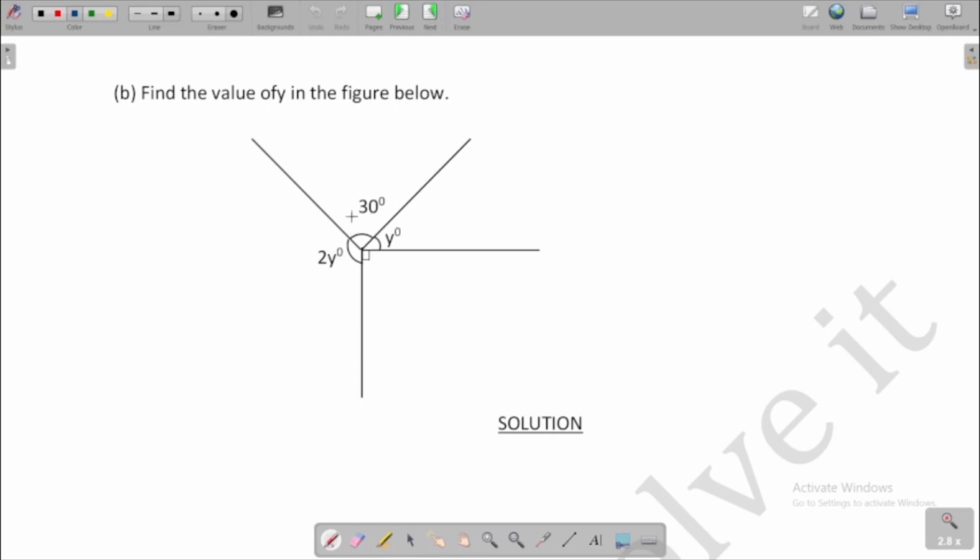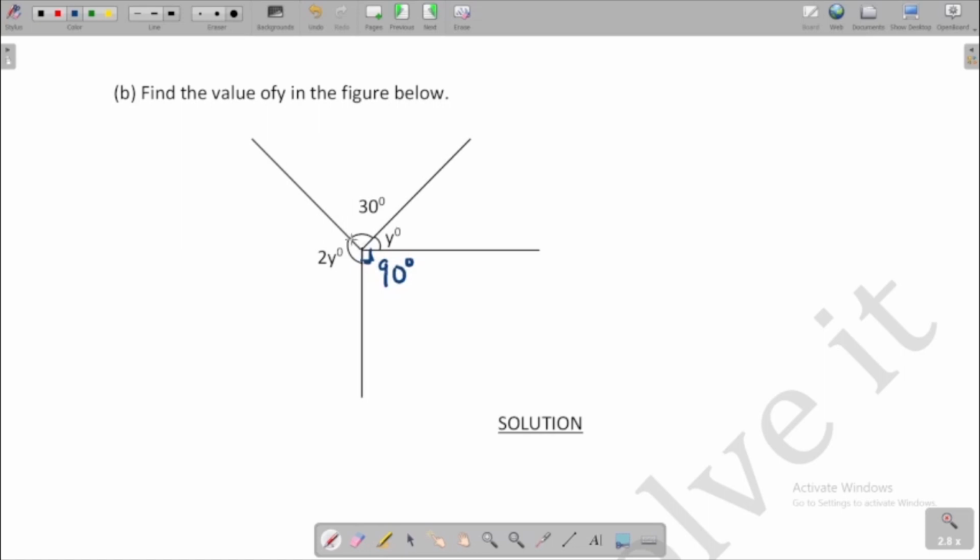From the diagram we have here, we can see that this place is a right angle. A right angle is 90 degrees. So that's the first thing.